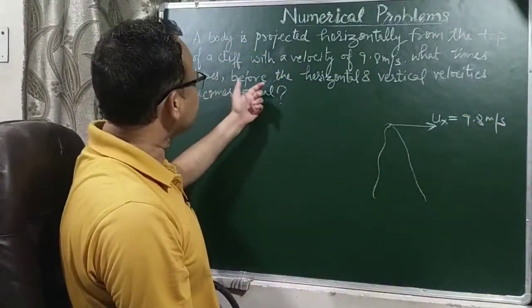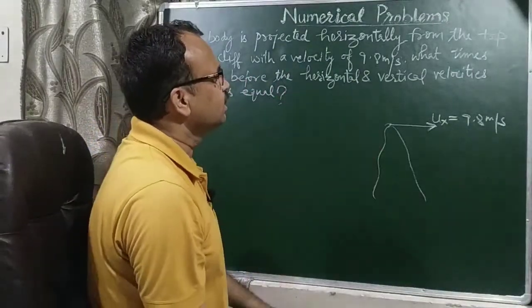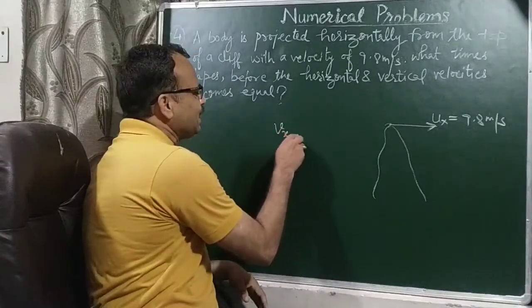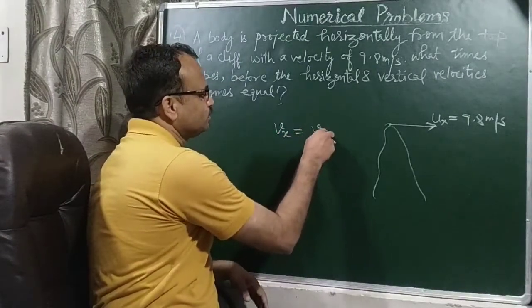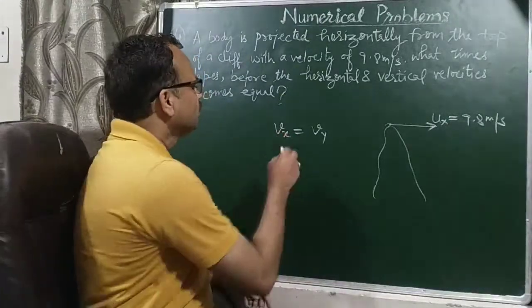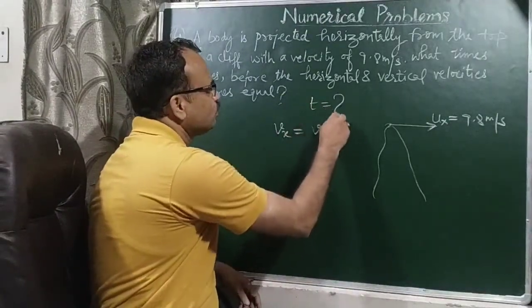What time lapses before horizontal and vertical velocity become equal? Means Vx equal to Vy. At what time the velocity become equal? Means t equal to question mark.